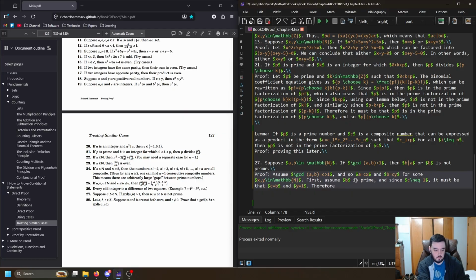Therefore, A equals B times X, and so B divides A.